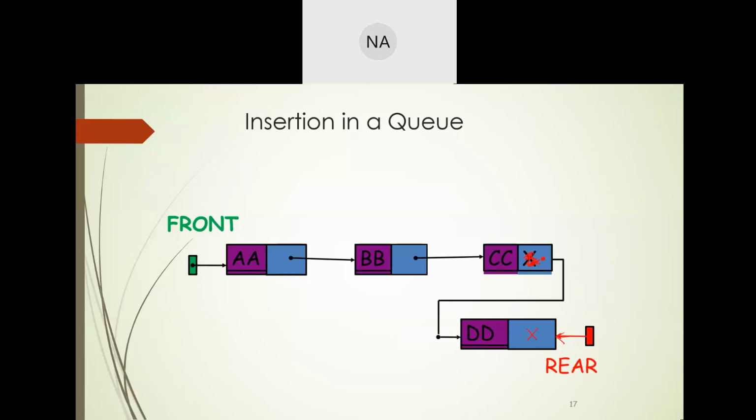So three pointers need to be adjusted. This pointer will point to the new node, and the pointer in the new node points to null, and the rear pointer points to the new node, right? So these are the steps in the insertion in a queue using linked representation.